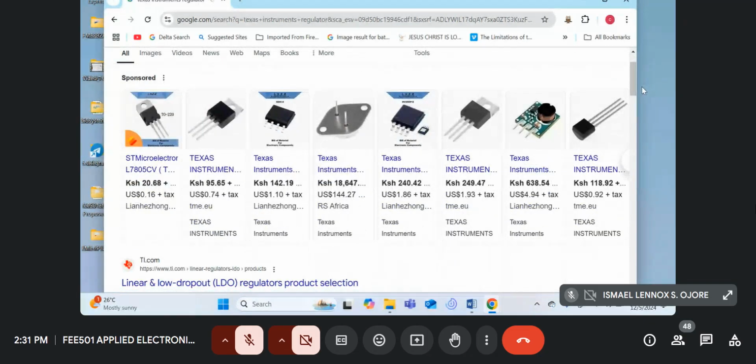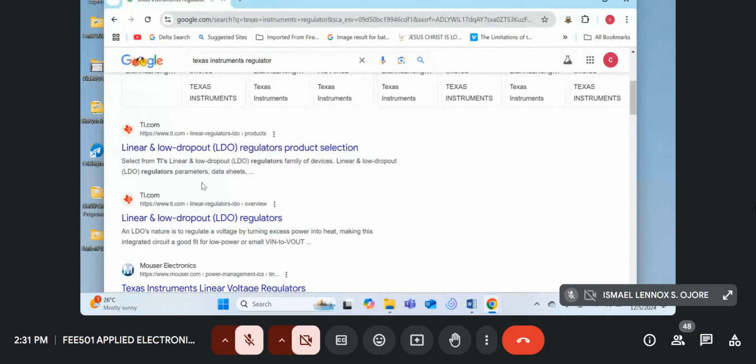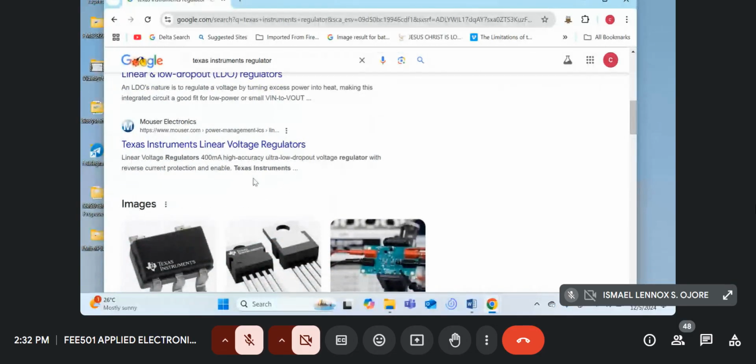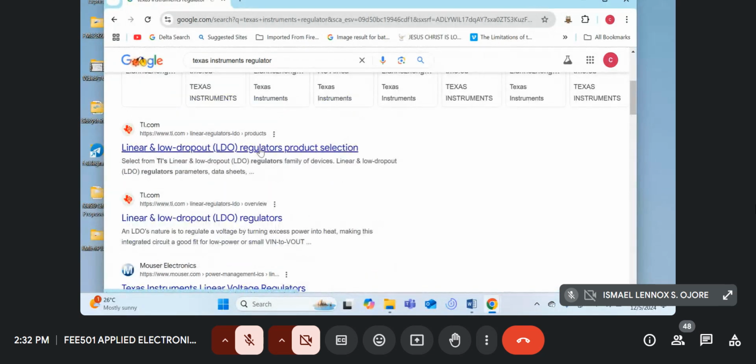Let's see. Okay, let's go to this. I think Mouser, they sell the chips from different companies. Let's go to Texas Instruments and see.